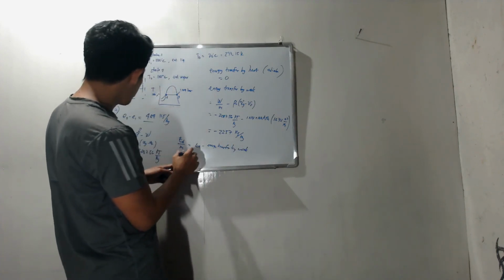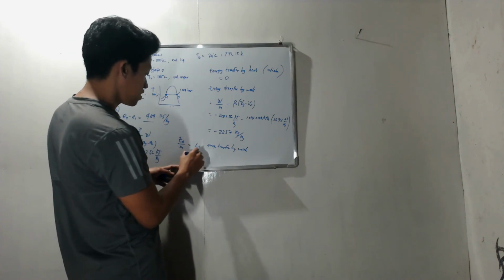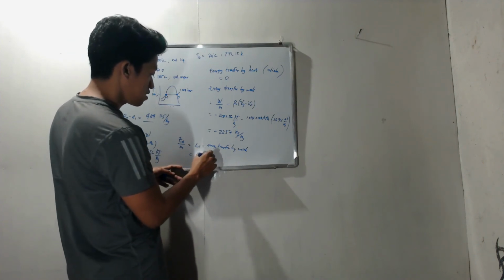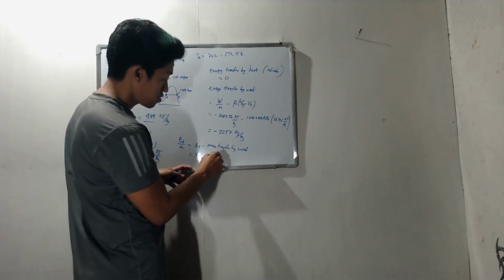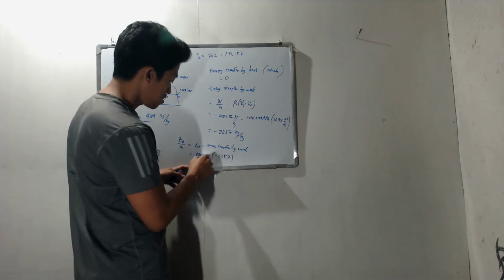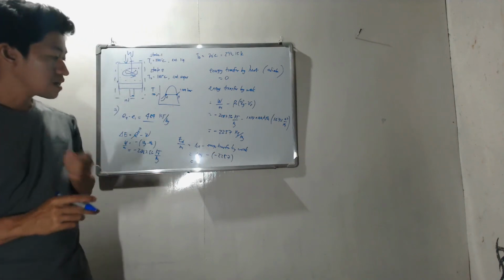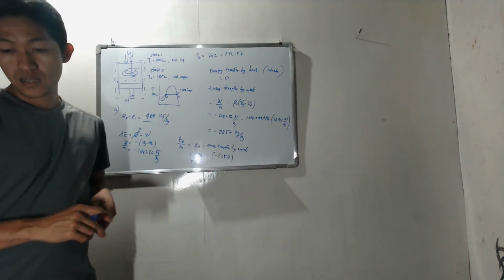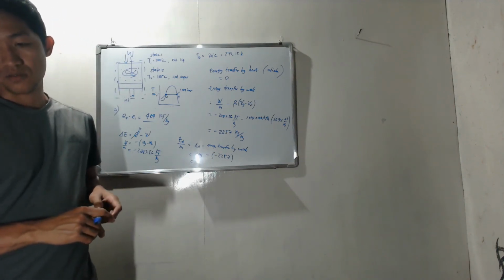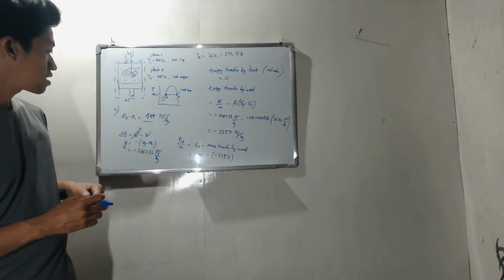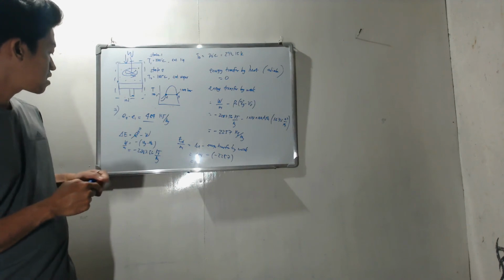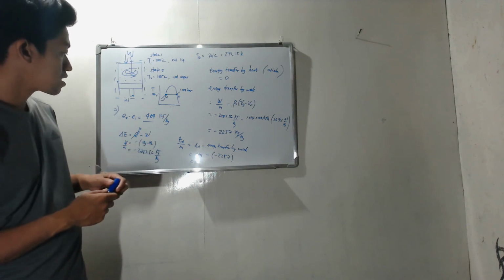So you have 484 minus, minus. The answer will be 2,000. Oh, by the way, negative.